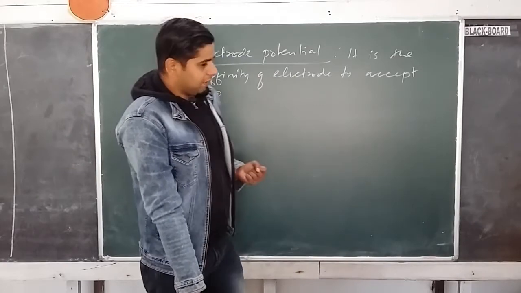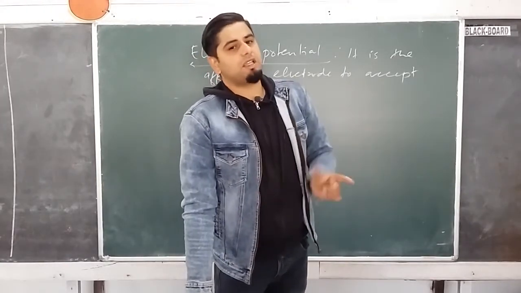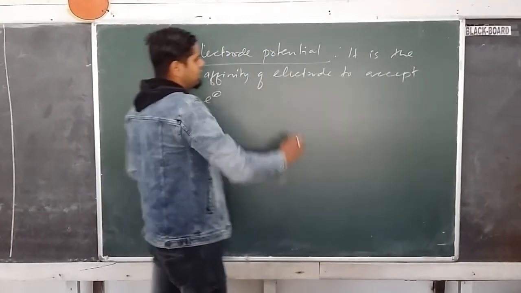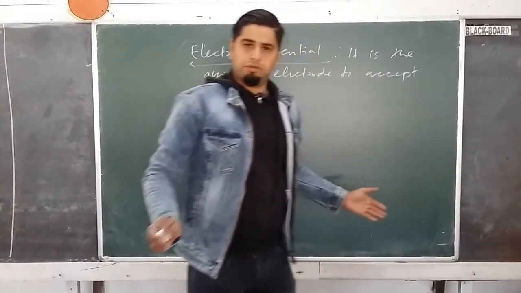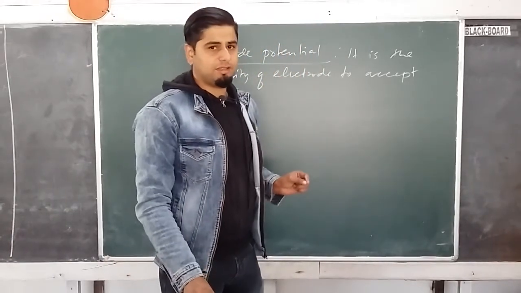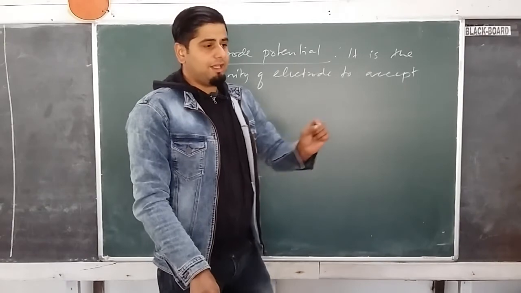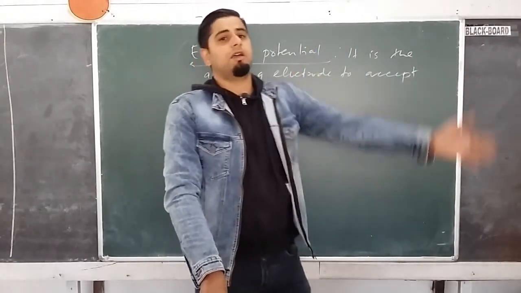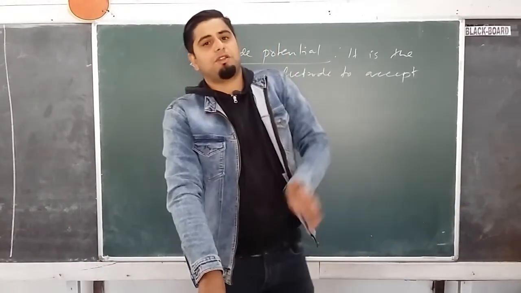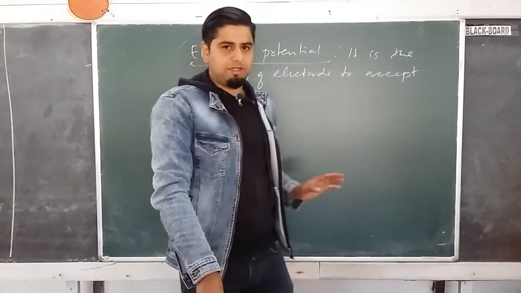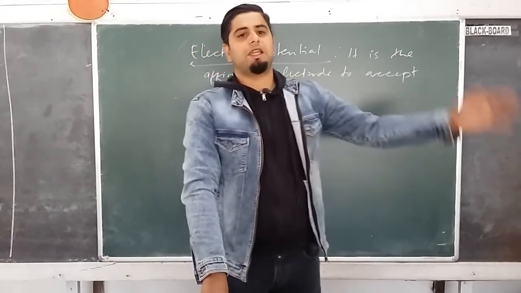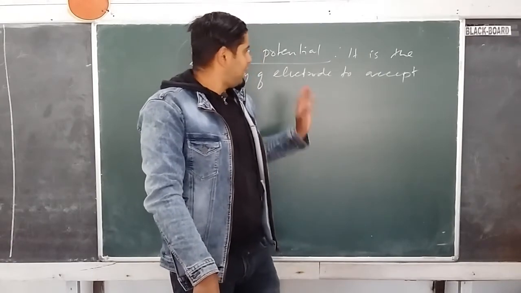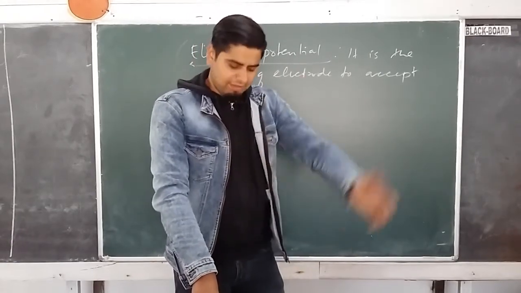If it can accept electrons, then the reaction is called reduction. So generally we use reduction potential for all the electrodes. With the help of this you can have an idea which metal will have oxidation property or which metal will have reduction property. Generally metals have reduction property, but there are some metals which can have oxidation properties also. I'll give you an idea about this in your later class.